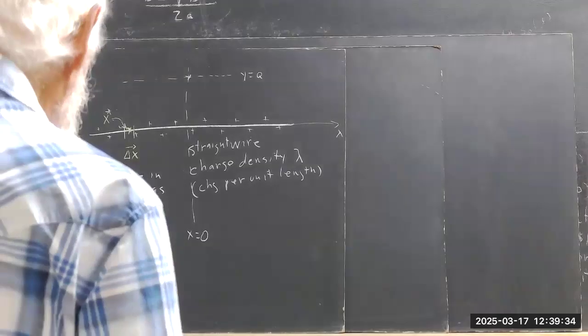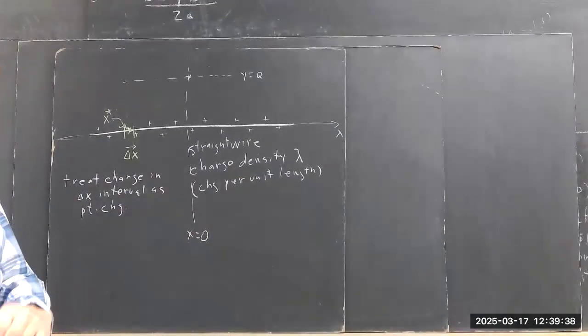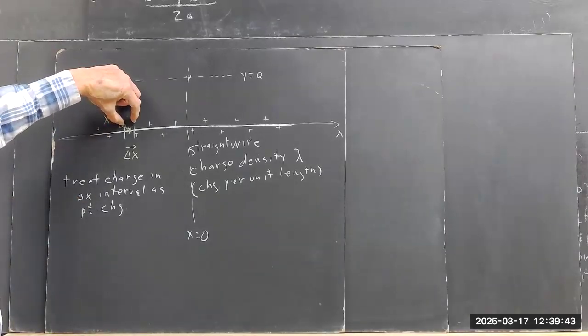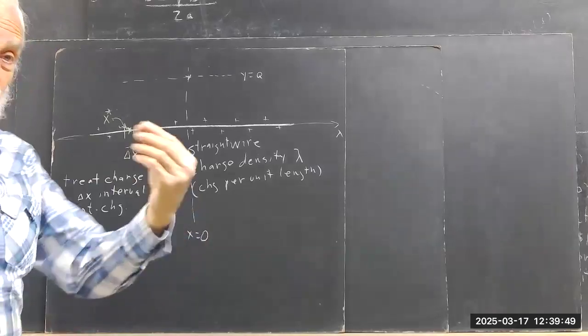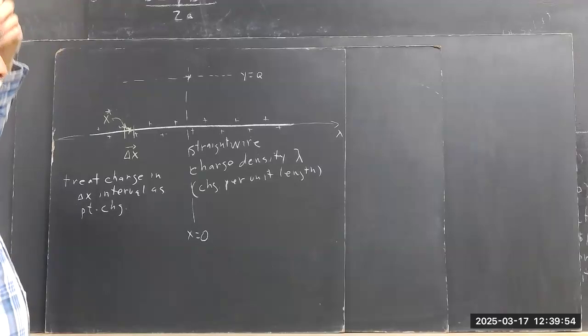Okay, get a good response and say, well, you can't use Coulomb's law because it's not a point charge. Well, that's very good, but you can use Coulomb's law, treating this as a point charge, because, as I said, we're going to do calculus. We're going to be shrinking this interval down to a point. So right now we can just treat this interval as a point.